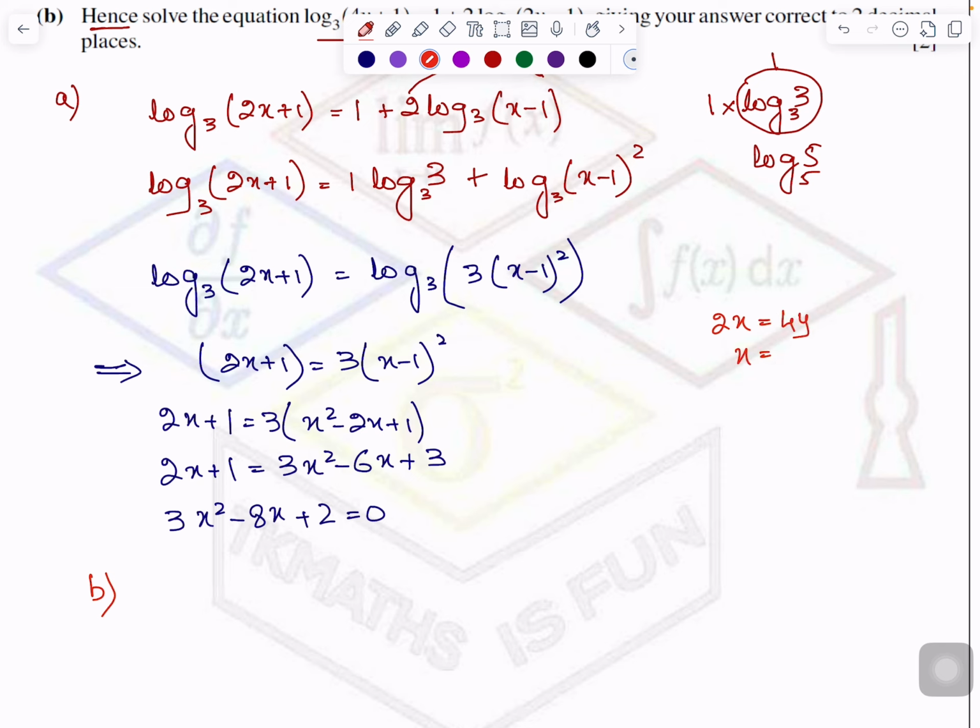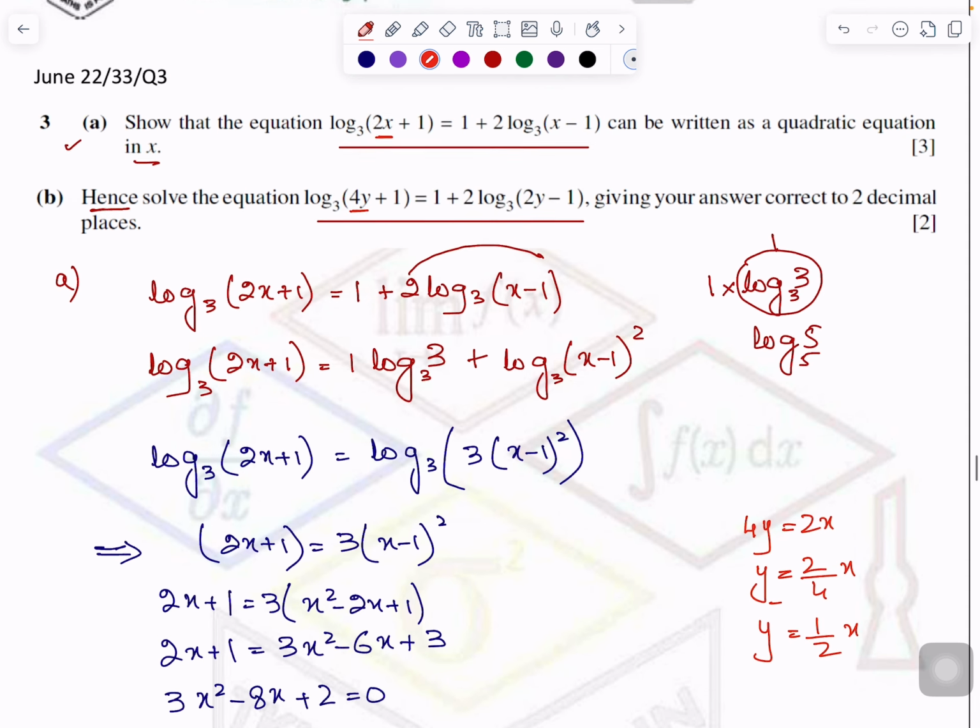So if from part 1 I can find the value of x, I can relate them. I'm saying 4y is equal to 2x, right? So y is equal to 2 upon 4x. So y is equal to 1 upon 2x.